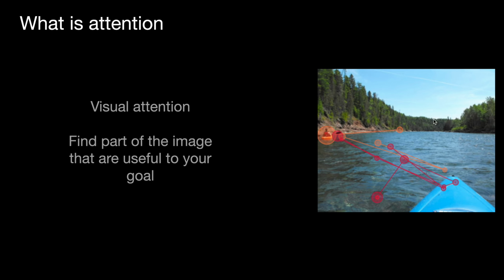Instead of looking at the sky or the trees or all the body of water, I'm going to look at specific areas of this image that are important for my goal. This is visual attention. Or when somebody calls you and you need to turn your face and look at their face, or look at what they want.